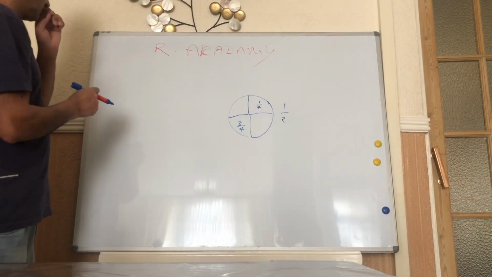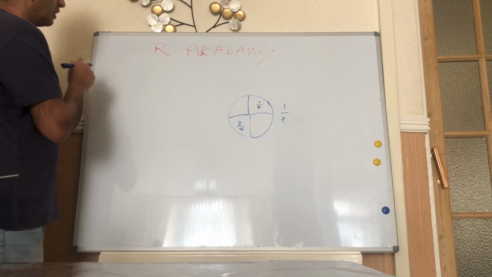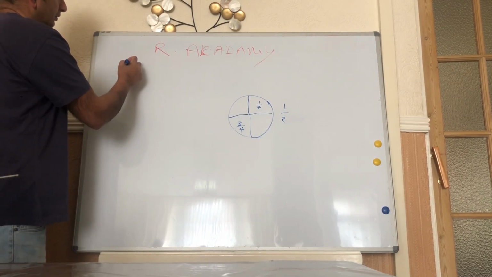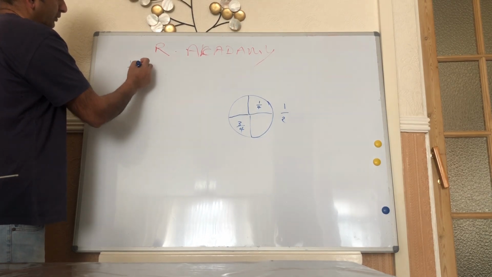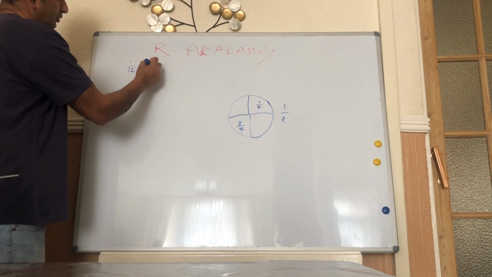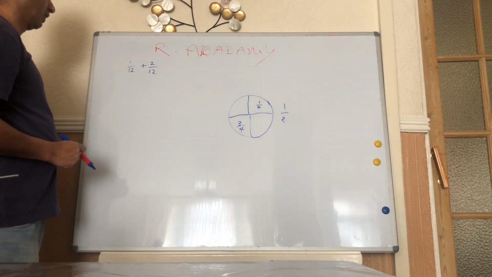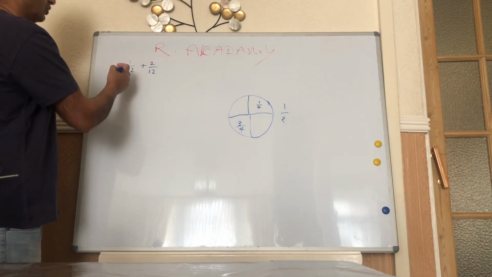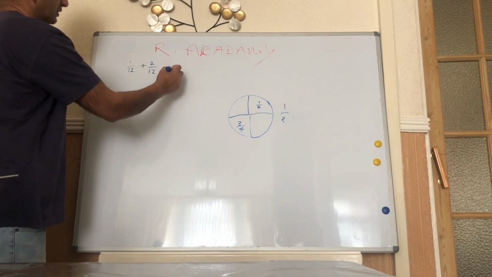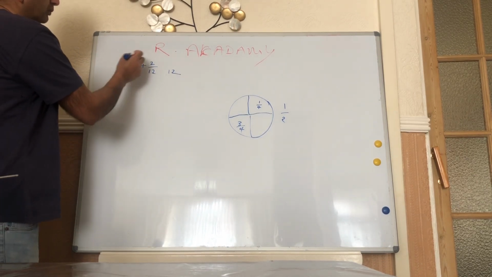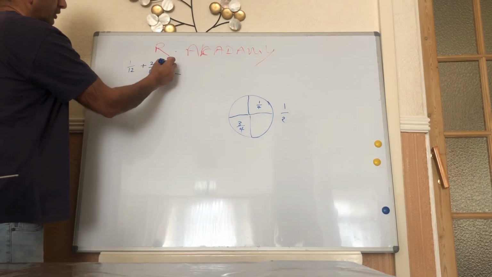So getting back to adding fractions, say if you had 1/12 plus 2/12. This is pretty straightforward, so you would just say 12 remains the same, as I explained before. And then 1 plus 2 equals 3.